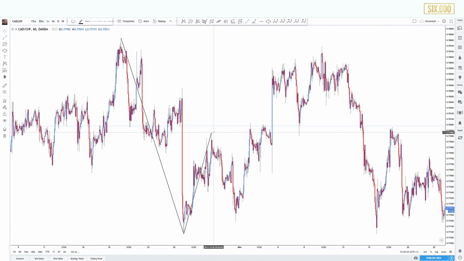And as you can see, some of these formations, they are harder to identify than others. And this all comes with experience. I don't expect you to identify 100 M and W type structures today when you go onto the charts. It will be quite difficult, and it will be challenging at first to identify these formations in the market.